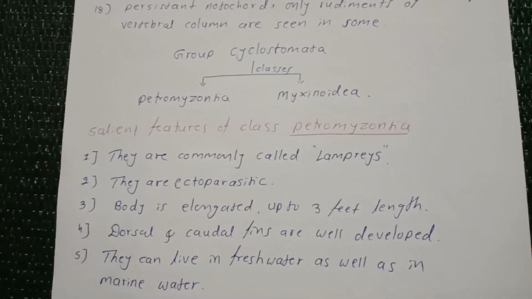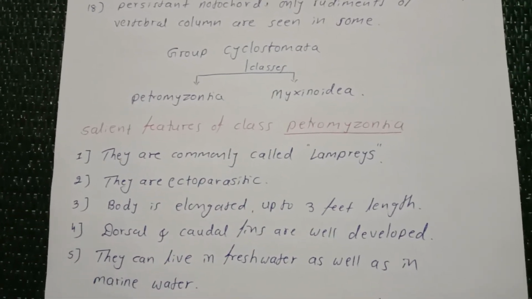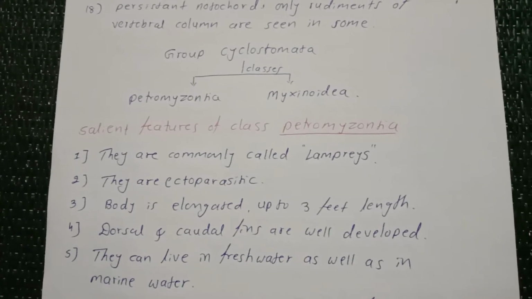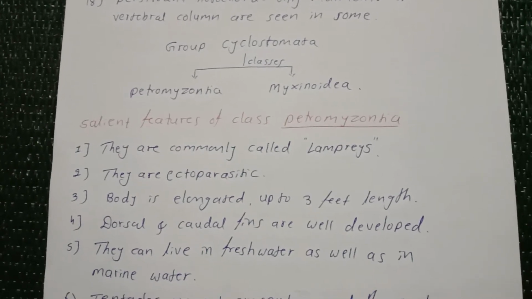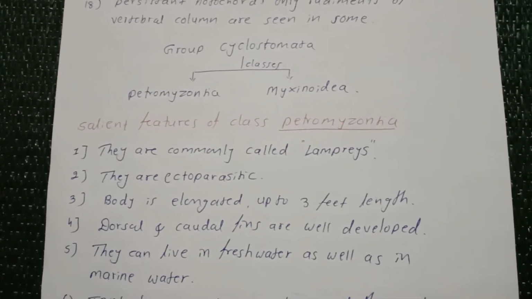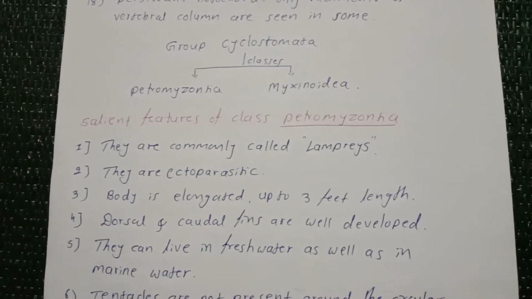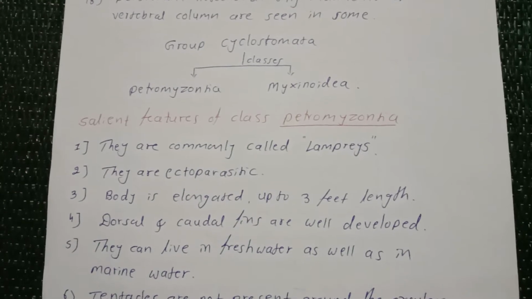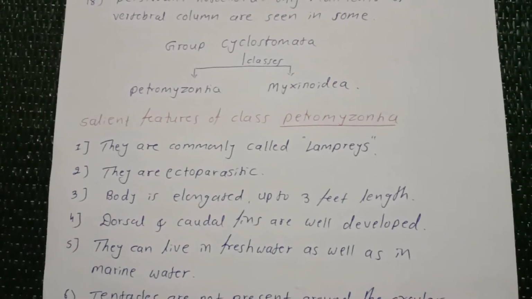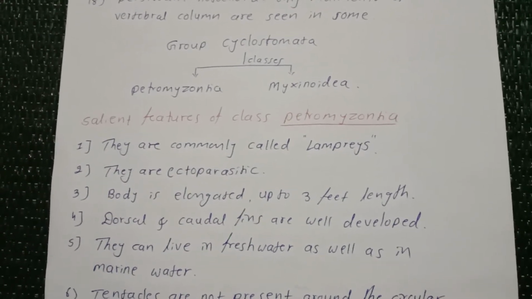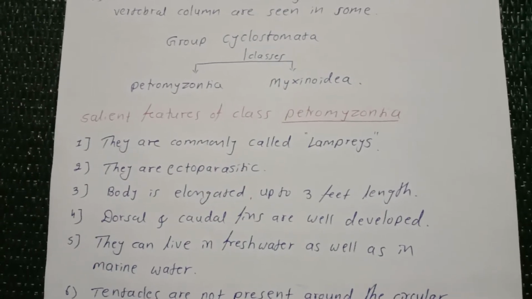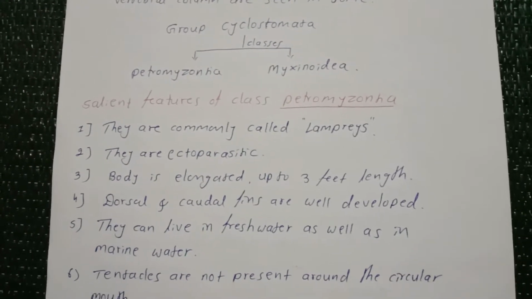First we study about the salient features of class Petromyzontia. The animals which are included in this class Petromyzontia are all lampreys, and they are ectoparasitic.